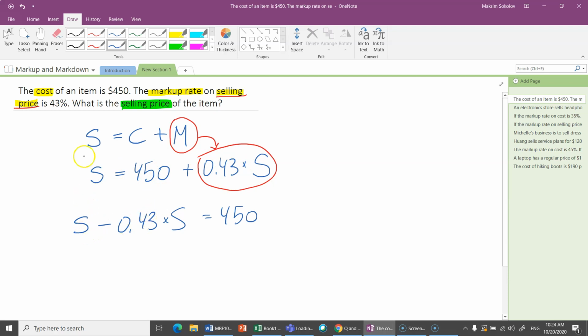Next step will be to factor out S. So we have the same selling price here. We will be now factoring it out. In fact, I want to remind you how you would factor out things.